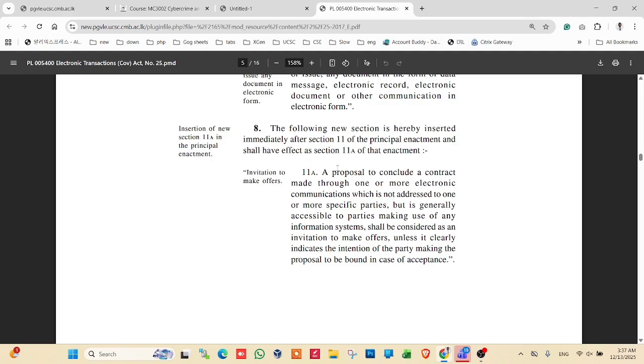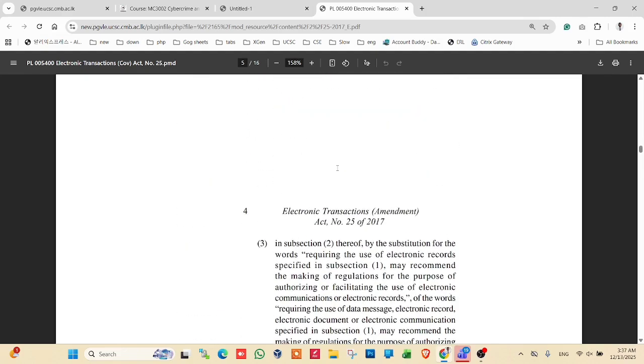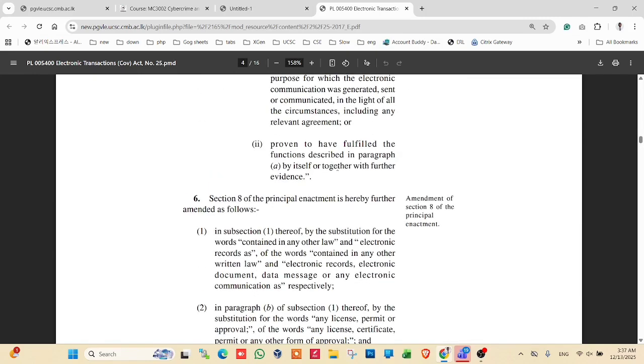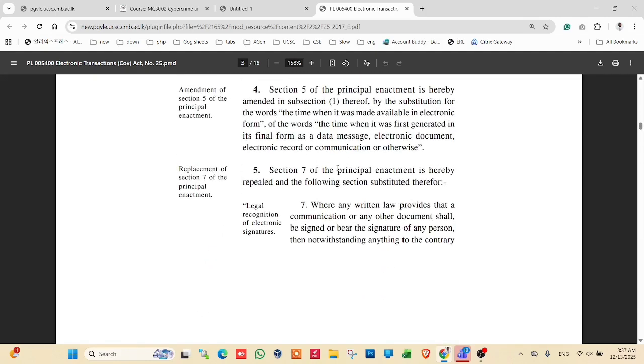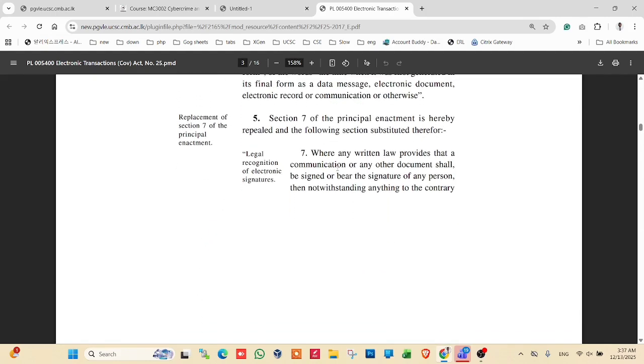Because it generally says it's an amendment. Under section 5 it says section 7 of the principal enactment, which is what we were discussing, is hereby repealed and the following section is substituted. Repealed means basically removed totally, and this particular section is substituted in place of that.